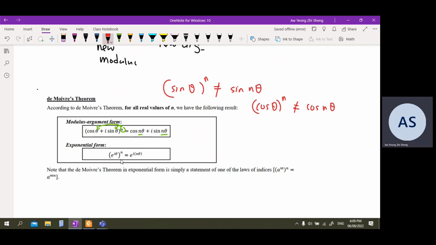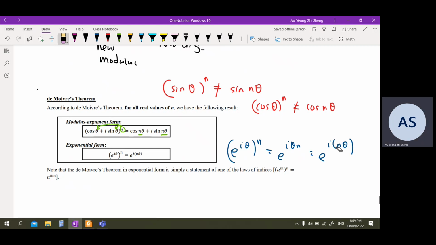Then for exponential form, it's even easier to understand because it's just the law of indices. If you have e^(i theta) taken to the power n, you can just multiply the powers together. e^(i theta) to the power n, you can write as e^(i theta n), and just rearranging the terms at the power, you have n theta.